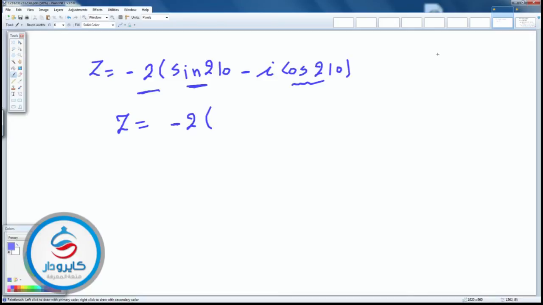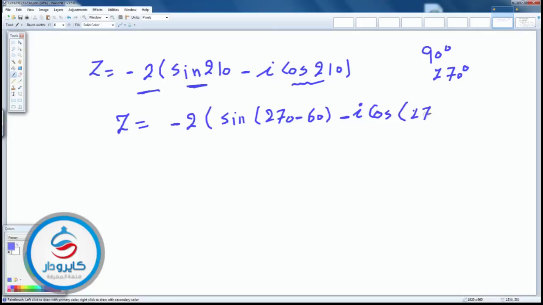انا عندي 2 angles بيعملوا لي changing للتايبس بتاعت الفانكشن، ال 90 degrees وال 270 degrees. طيب معنى كده ان اقدر اقول هنا sin 210 تبقى 270 minus 60, minus i cosine 270 minus 60.